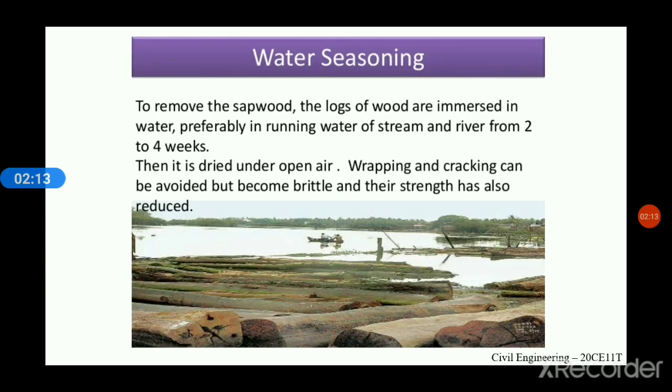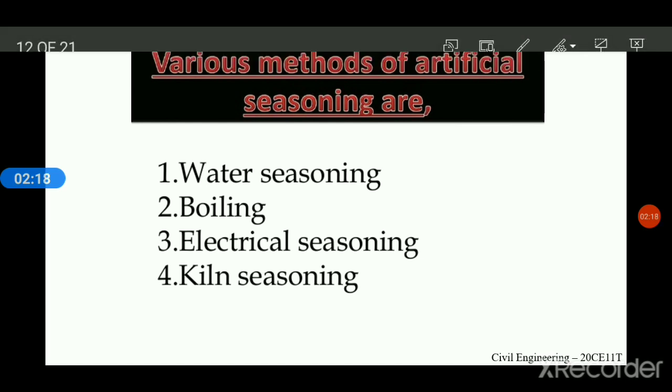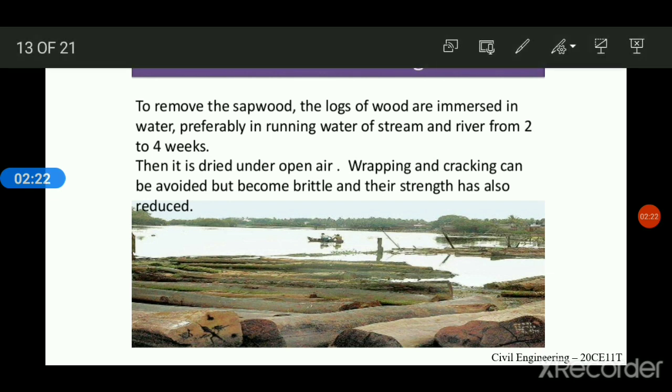So first, in artificial seasoning, we'll discuss water seasoning. In this method, to remove the sap wood, the logs of wood, the timber, is immersed in water, preferably in running water of a stream, for 2 to 4 weeks.